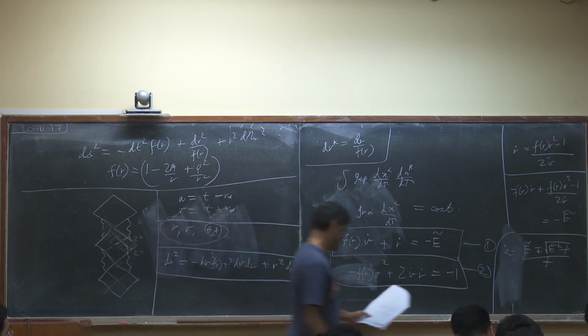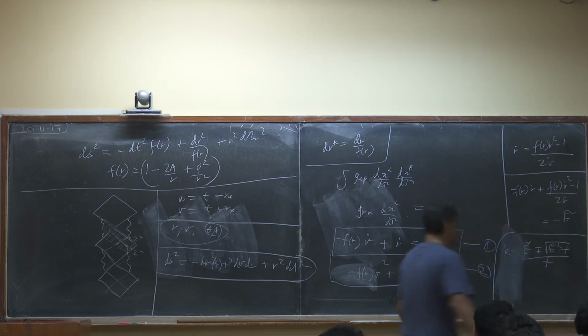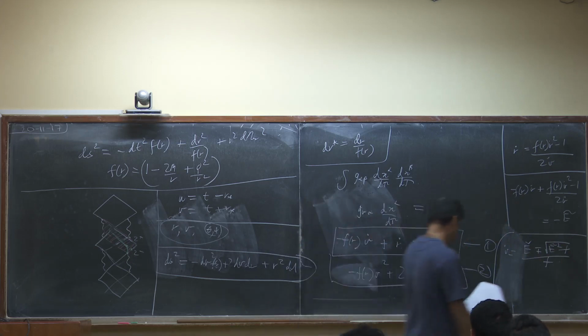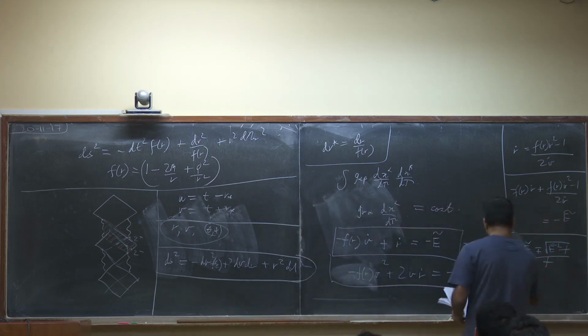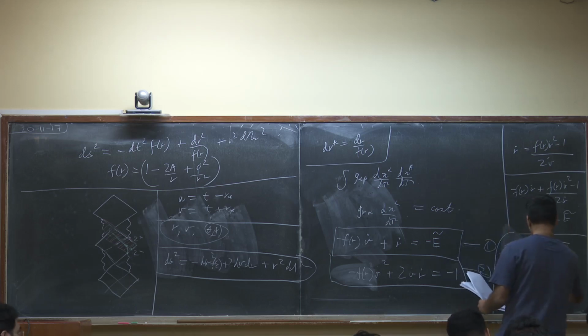Okay. And when you plug this into r dot, you will get r dot is equal to minus plus square root of E tilde squared minus f.